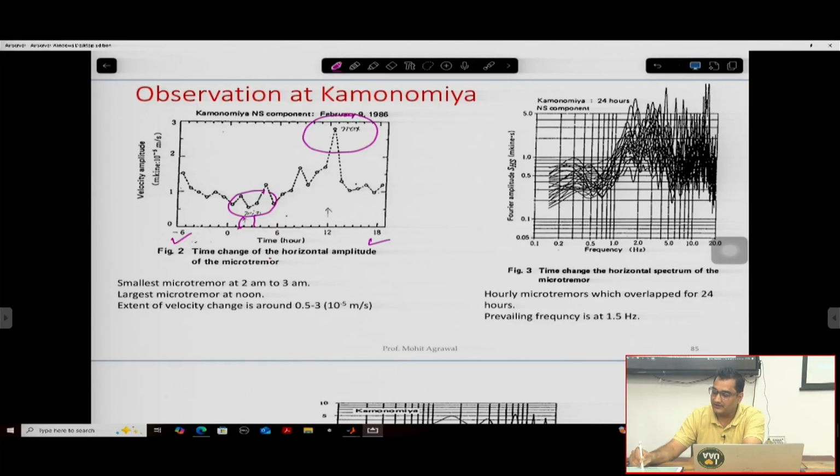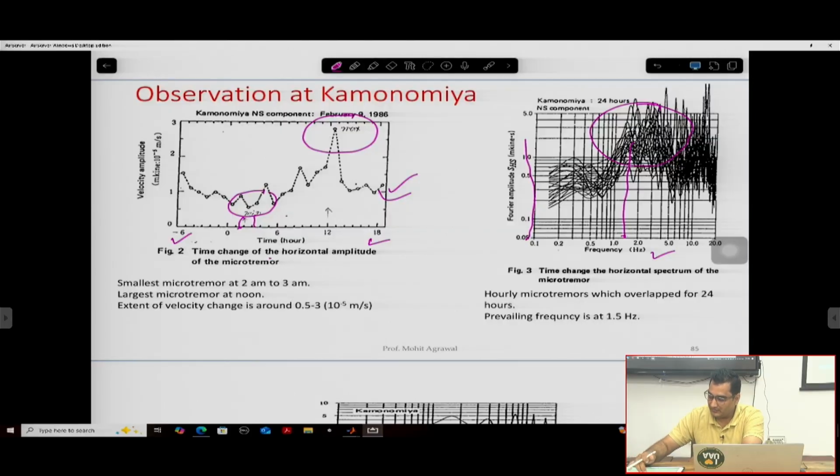So if you plot this with respect to the frequency after doing the fast Fourier transform, after taking 1 hour windows, that means you are subdividing this entire continuous data into 1 hour each for 24 segments, then you are taking the frequency on the x-axis and the amplitude on the y-axis. Then you are plotting them together and overlapping with each other. Okay, so what will you observe? That the prevailing frequency that you see in each of the windows is around 1.5 hertz.